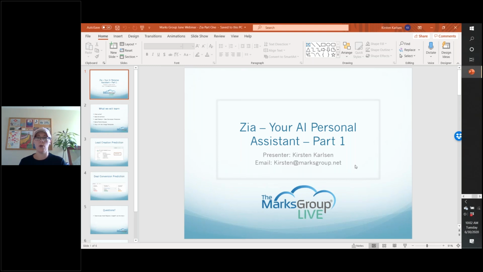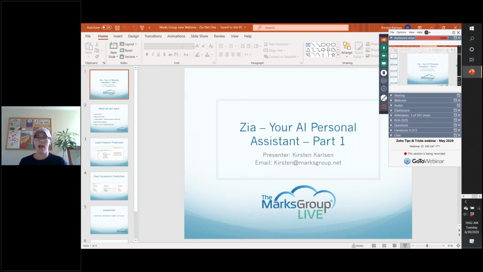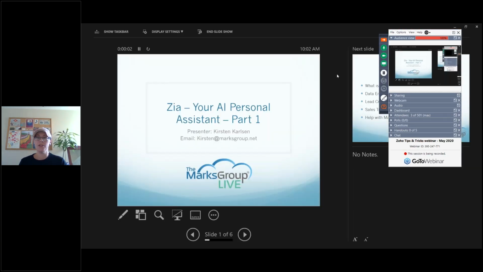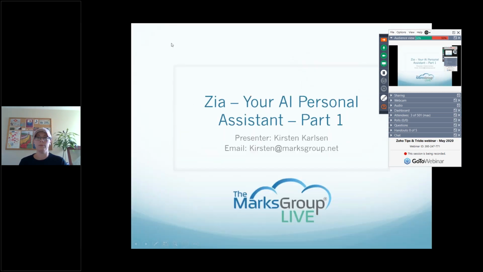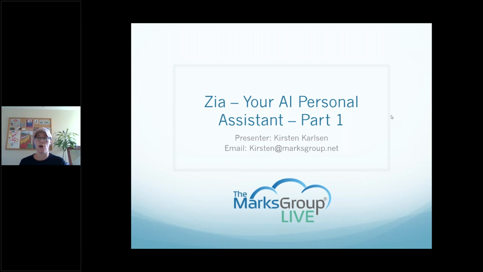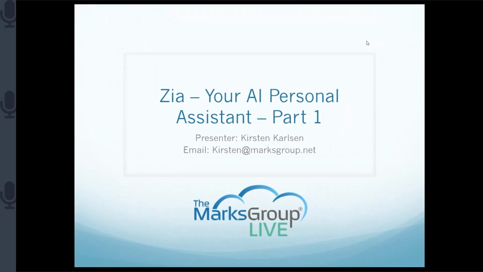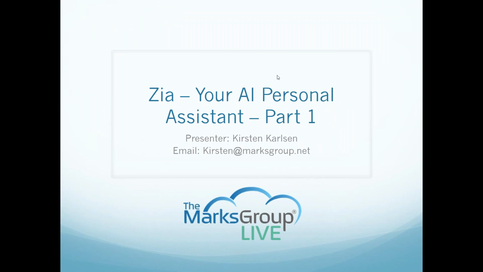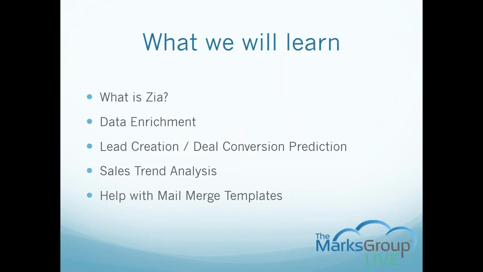All right, so today we're going to talk about Zia. What is Zia, and why you should use it. Zia is your AI personal assistant and runs inside of Zoho CRM.